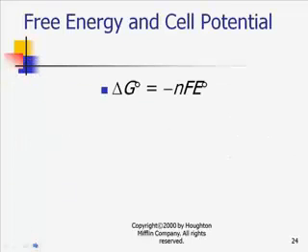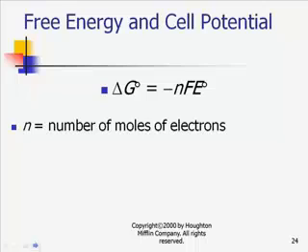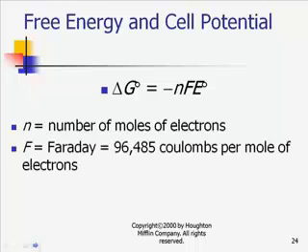Okay, in the last chapter we looked at the concept of free energy. So here we're going to look at delta G as the maximum amount of energy that I'm able to get from a given redox reaction. The value of delta G is going to be based on the number of moles of electrons that are being transferred, the number of coulombs per mole of electrons, and this is a constant value.